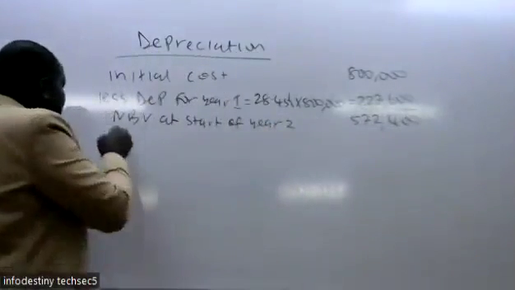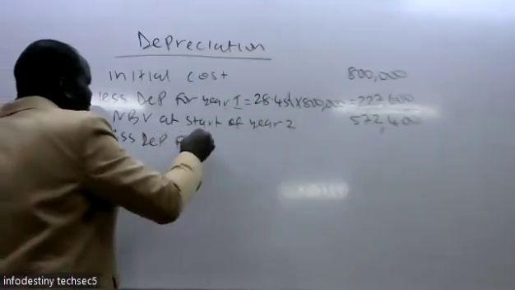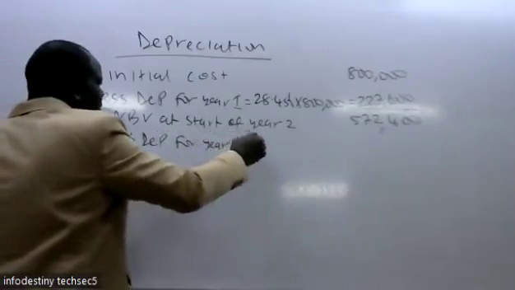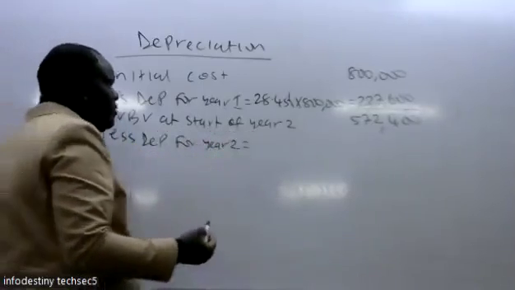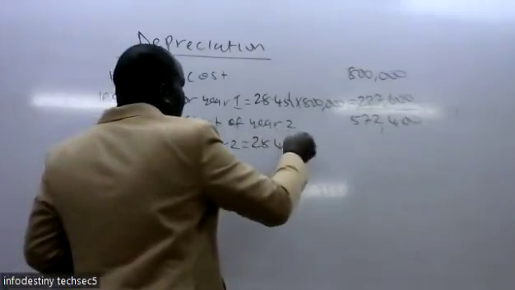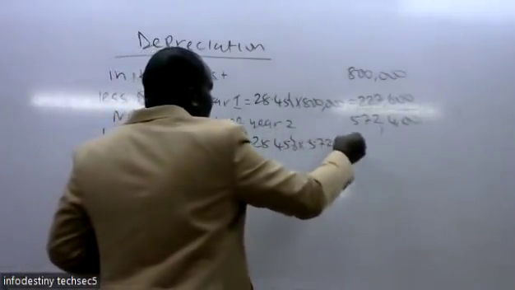Now we also less depreciation for year 2, which should be 28.45% multiplied by 572,400.